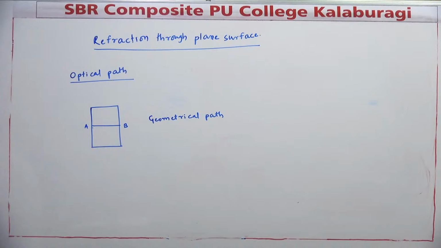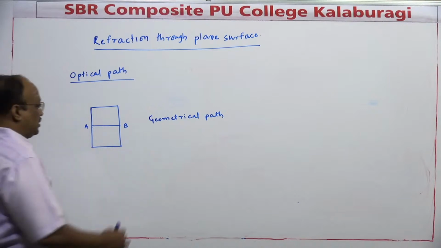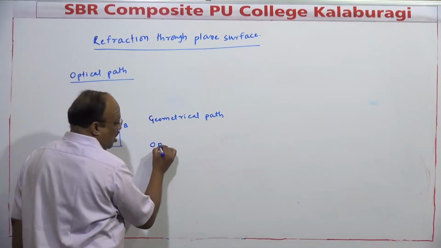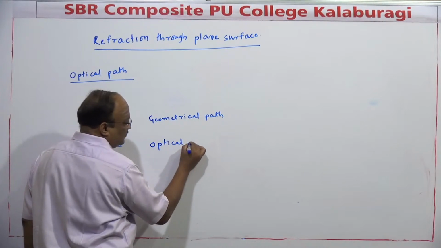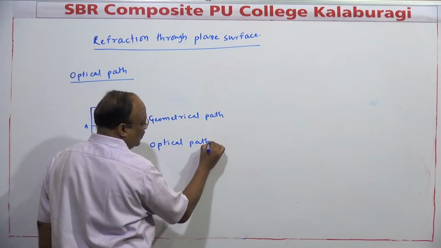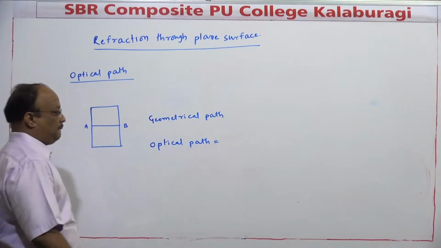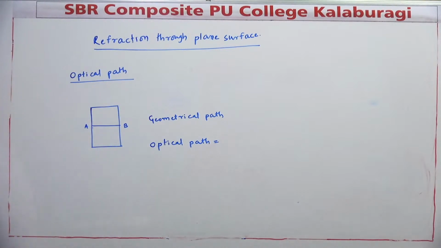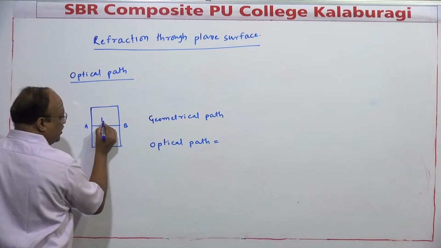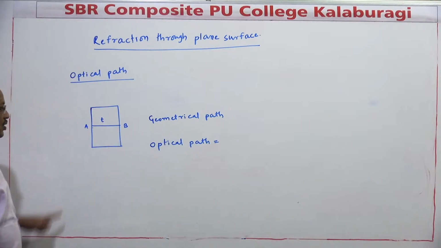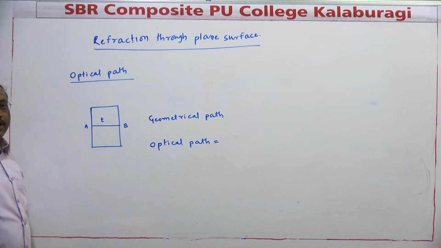So what is our optical path? What time has it taken here to travel this distance?